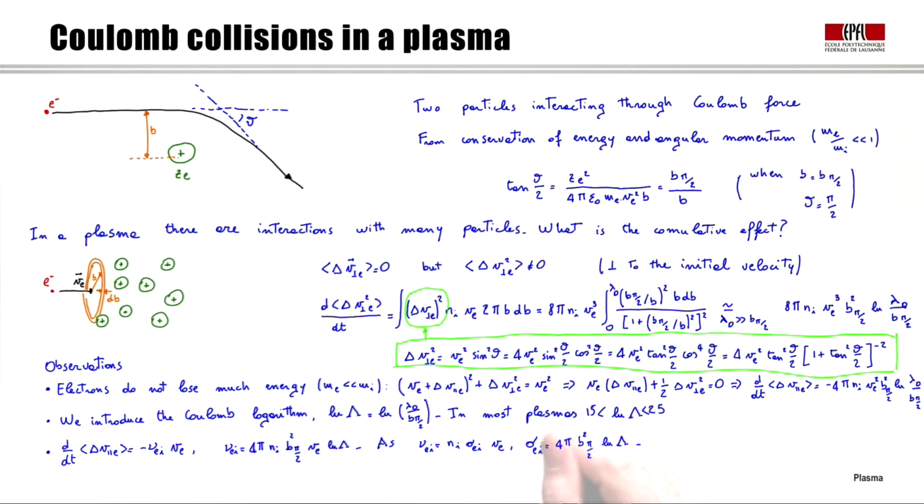And now it's interesting to compare this cross-section with the one that we had evaluated just before, that was the cross-section relative to short impact parameters, pi b squared pi over 2.